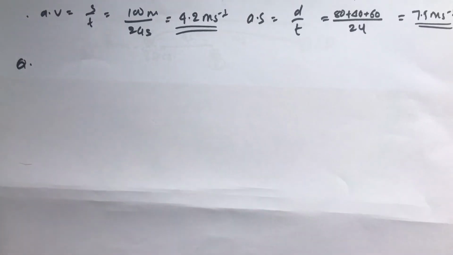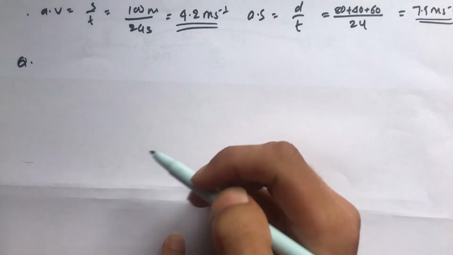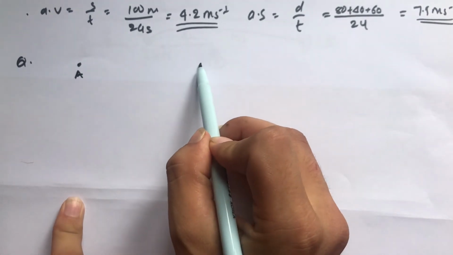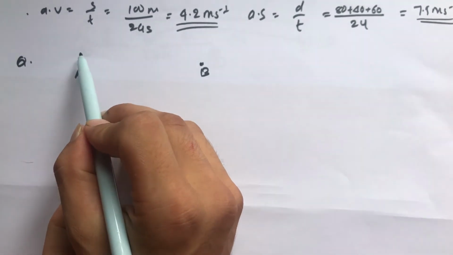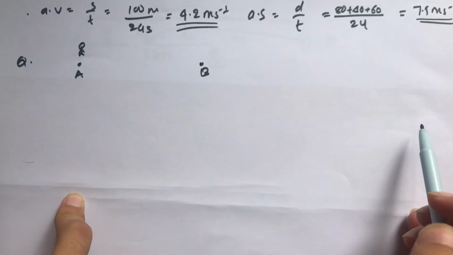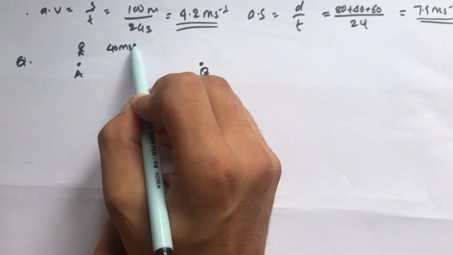Sometimes students tend to think that average speed is initial speed plus final speed divided by 2, but that is not actually the case. So let's see an example. For example, here is a point A and here is a point B. Let's say a boy travels from point A to B in uniform motion at 40 meters per second.